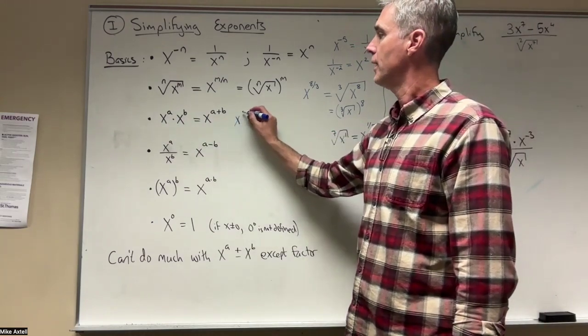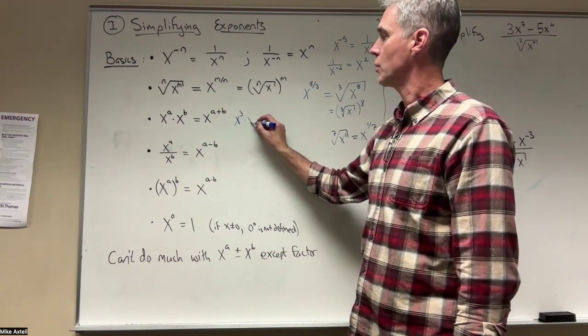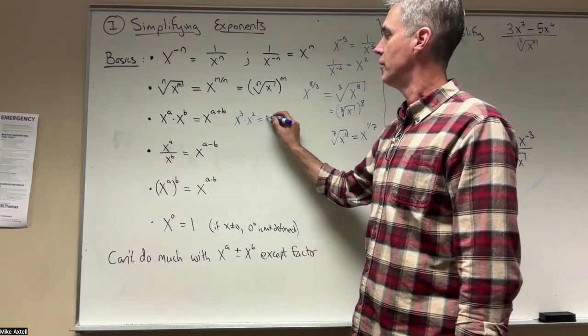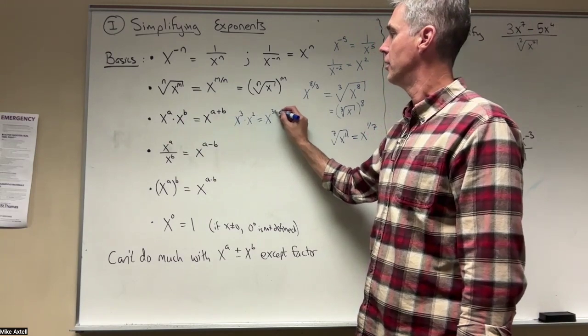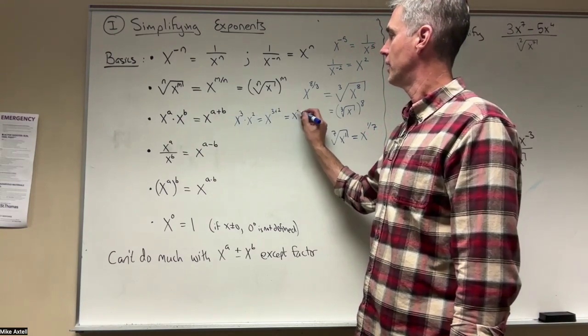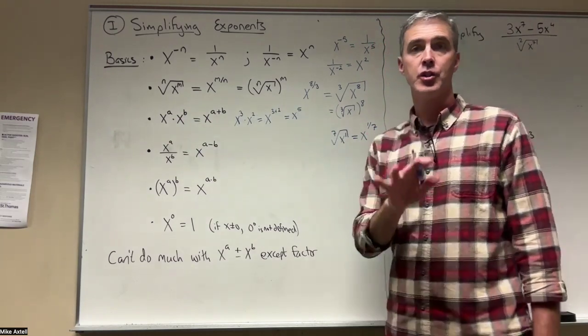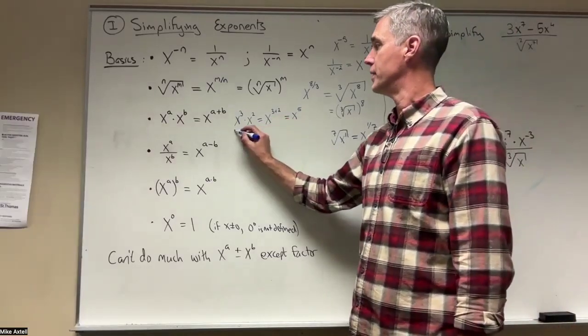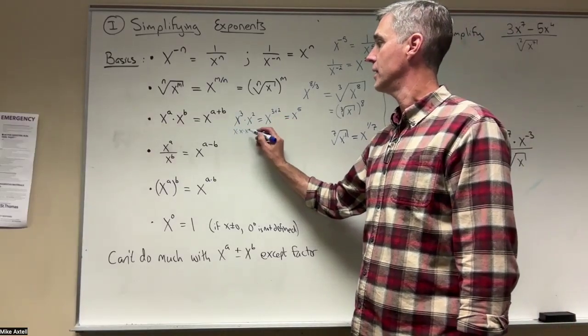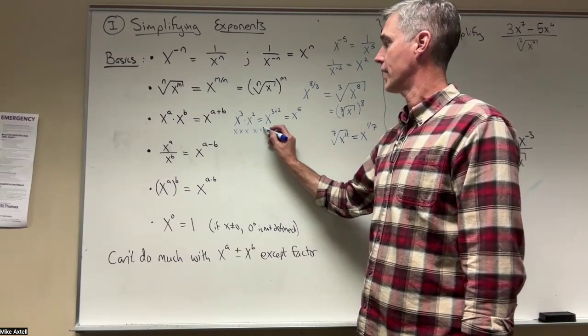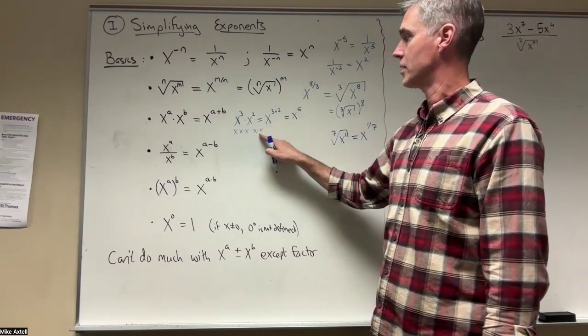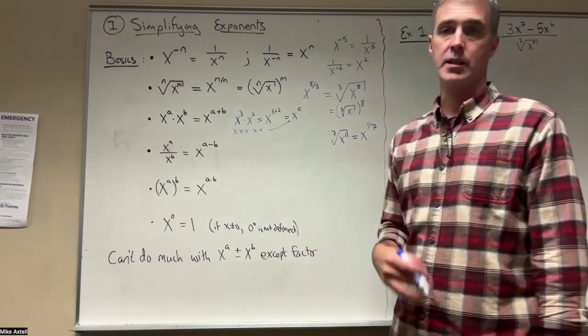So for example, x cubed times x squared should give me x to the 3 plus 2, which is x to the 5th. Right? And this should not be a surprise because x cubed is x times x times x. X squared is x times x. So it looks like I've got 5 x's multiplied together, which is x to the 5th.